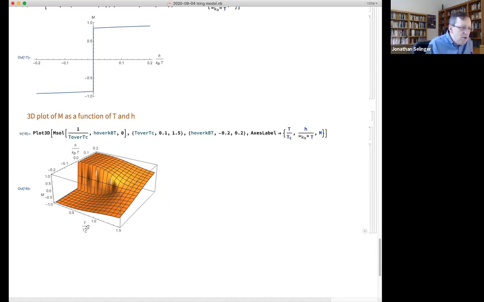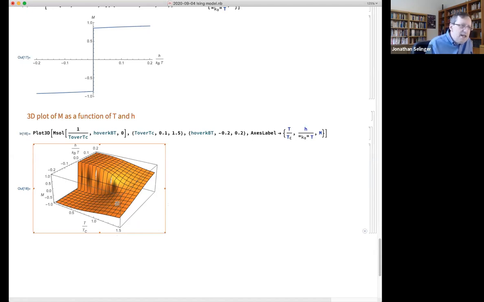This horizontal axis is the temperature. This horizontal axis is the magnetic field. Now you can see the high temperature behavior is like this one.